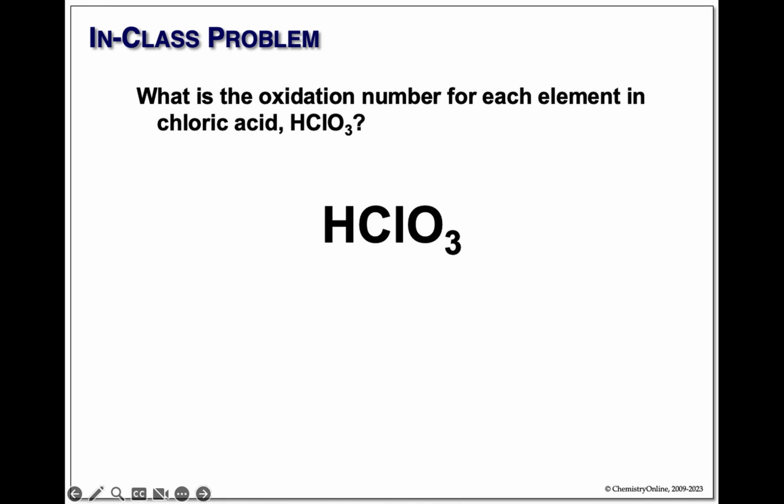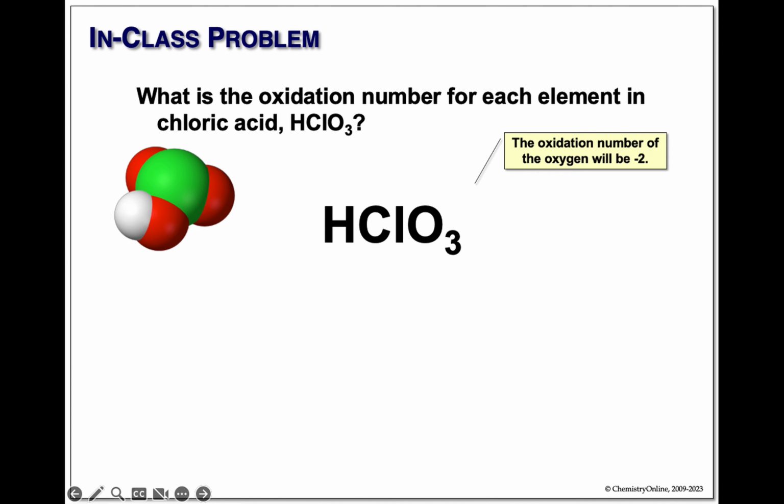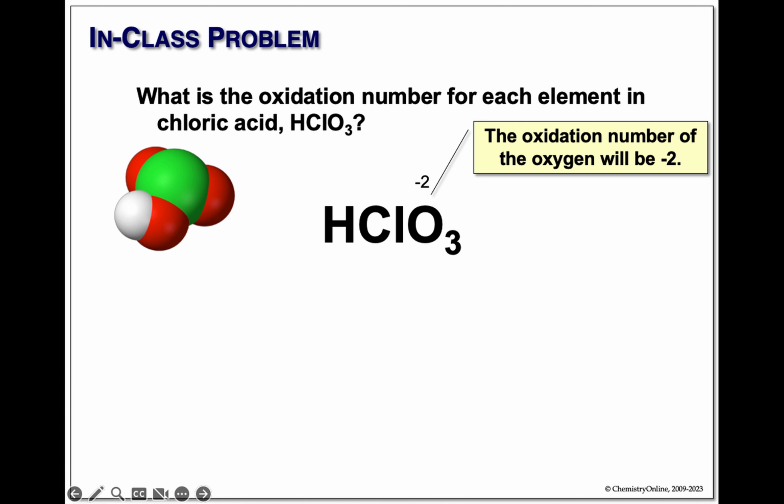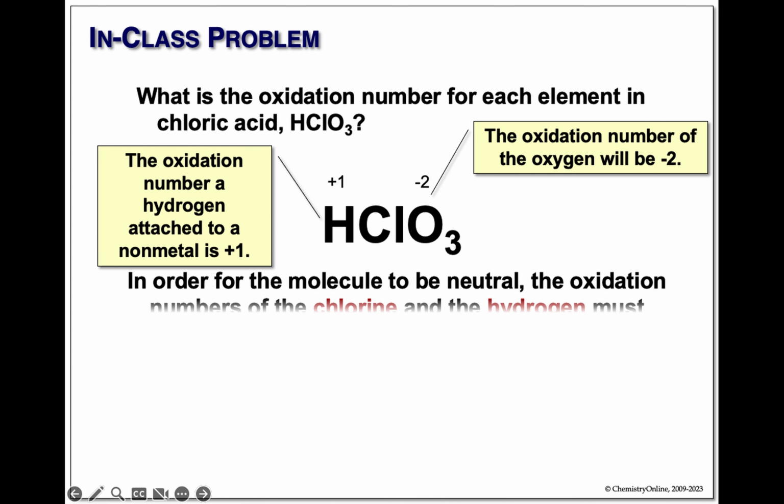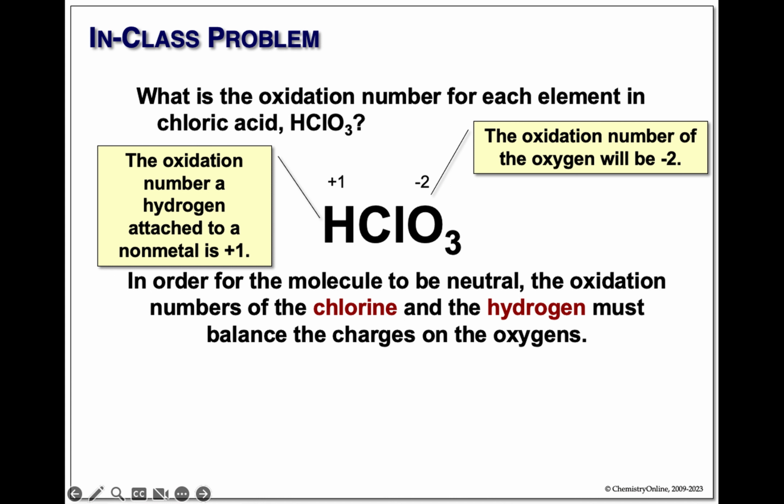This is called chloric acid. It looks something like this. Again, the hydrogen is bonded to an oxygen, so it'll be +1. Oxygen will be -2. We have 6 negatives, 1 positive. The chlorine must be +5.